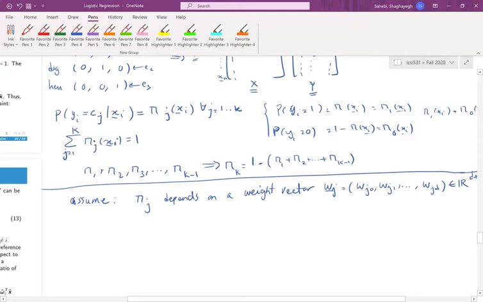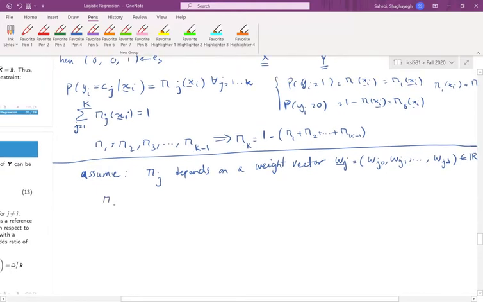Now, again, similar to the binary logistic regression, because we are looking for probabilities, we cannot just say that pi sub j of xi is equal to wj transpose xi. We cannot do that because this linear relationship is not going to show the characteristics of a probability function.